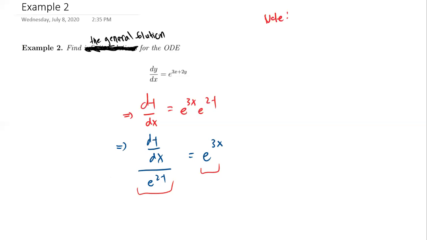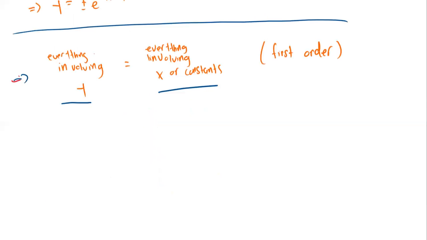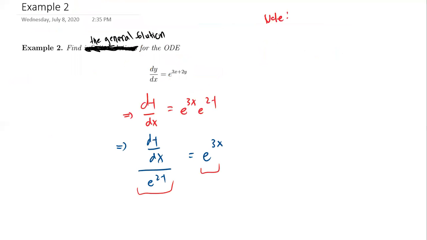You want to be able to get a differential equation in this form only by dividing. That's the only operation you're allowed to do. If you do other things like subtracting and stuff like that, this algorithm doesn't work. So here, I was able to move everything involving y to one side by dividing. So use only division.